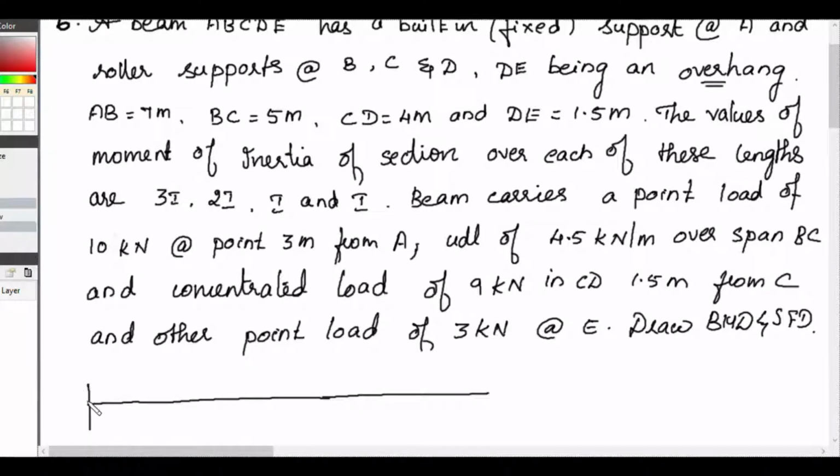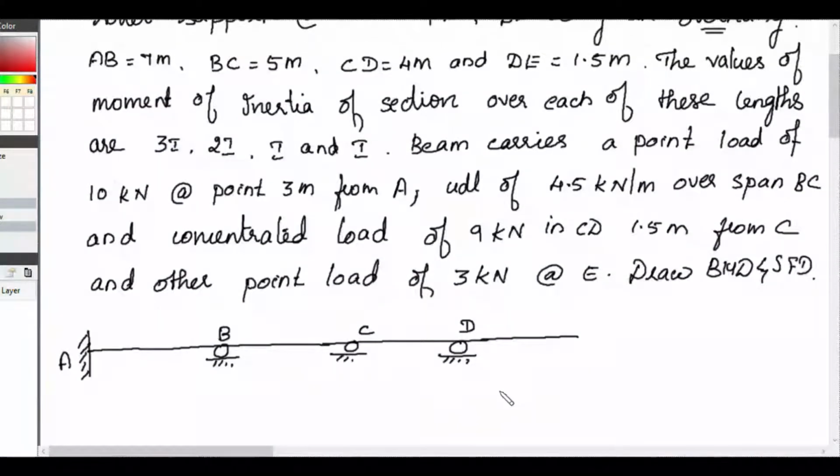So while drawing the continuous beam, we have A as a fixed support. B, C and D are roller supports and DE is an overhang. And now AB is 7 meter long.